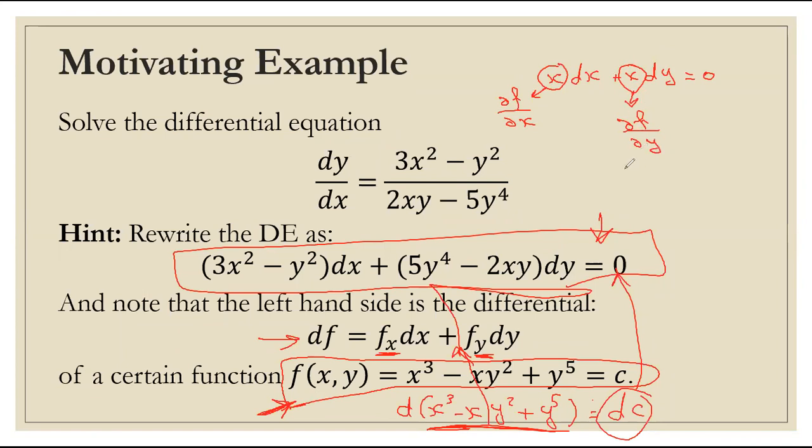Can we guess a function like this? If you differentiate it with respect to x, you will get x, and if you differentiate it with respect to y, you also get x. Can we guess a function like this? No. So this equation isn't exact. But if I can guess one like this, I will call the equation exact.